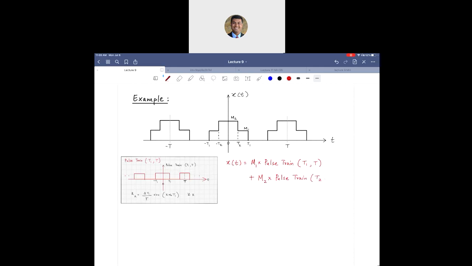This guy is going to be t2 comma T. Oh, sorry, not t1, just T. I made an error over here. What is that error? Yes, this needs to be m2 minus m1.